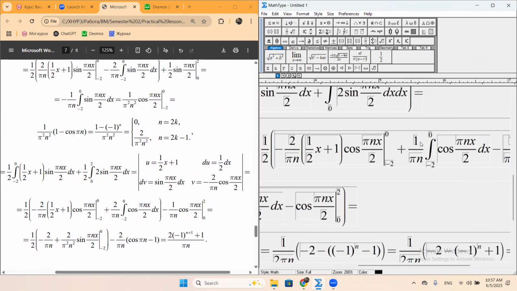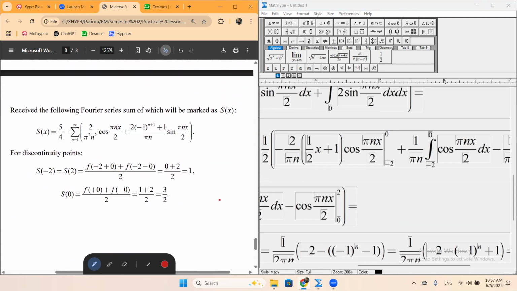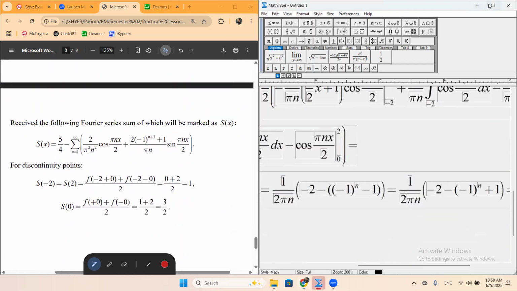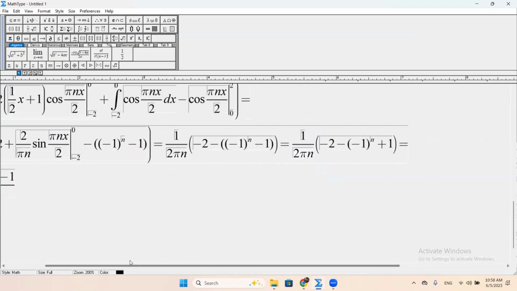No, the mistake is here. Oh, I see. Actually the coefficient is correct.